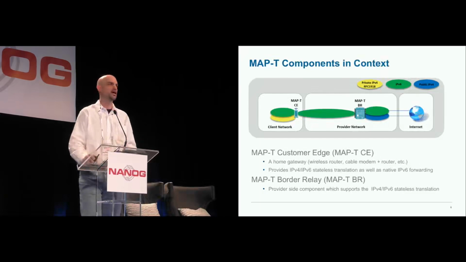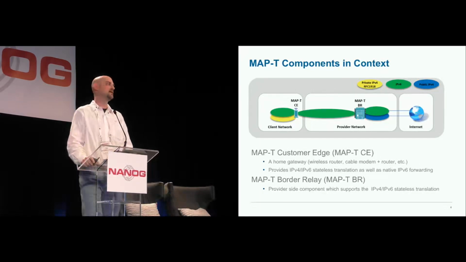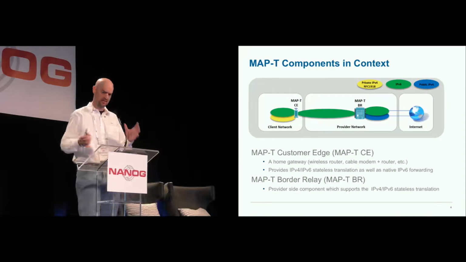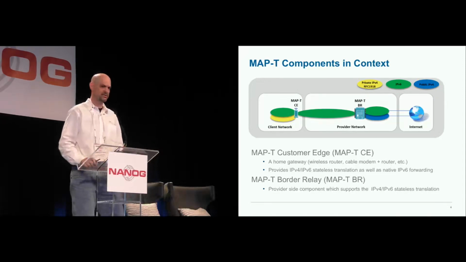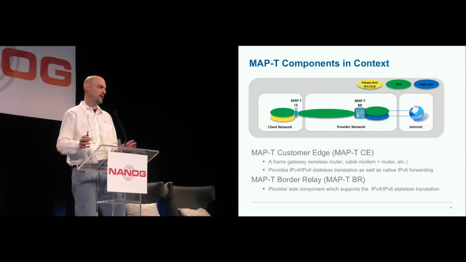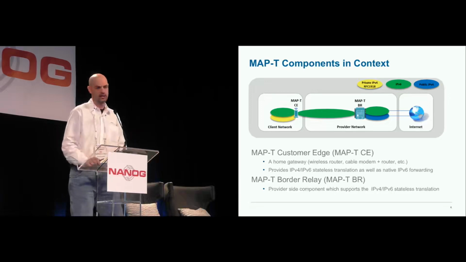So, giving you a very high level view and giving you MAP-T in context, the various components. There's two functions introduced. They really latch on. This is one of the things that I like about MAP-T because it doesn't create a whole lot of disturbance to most existing environments. We have two functions. We have the border relay. This is the provider side gateway function. As I mentioned before, it's mostly stateless, so it looks and feels like a router and less like a firewall, in the case of some of the technologies that do stateful NAT.